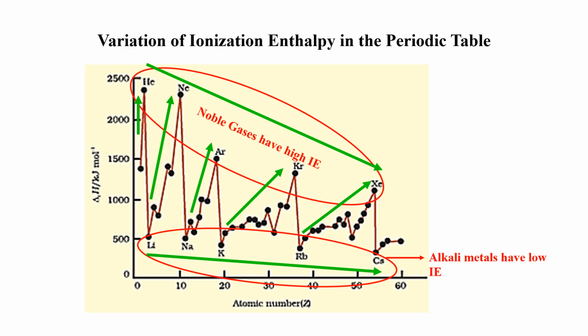Similarly, if we consider the first group, the group of alkali metals, lithium, sodium, potassium, rubidium and cesium, here also you can observe that as we go down this group, the ionization enthalpy values decrease as we move from lithium to cesium. Why is this so? Let's learn about it.